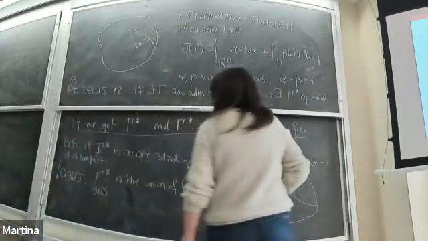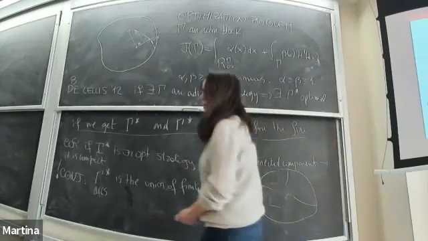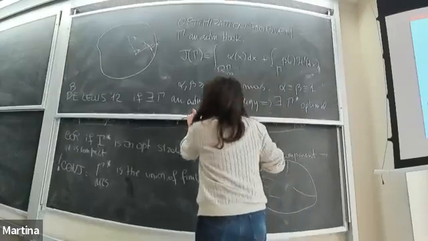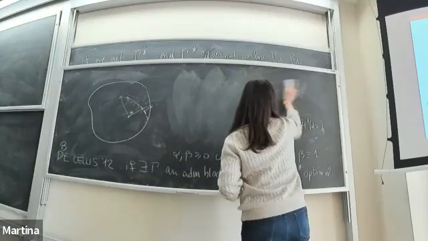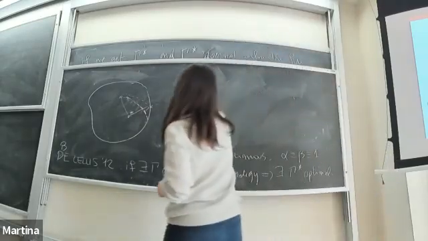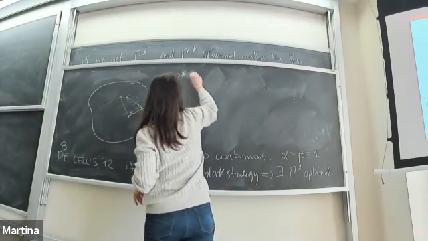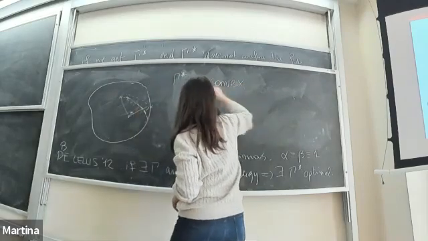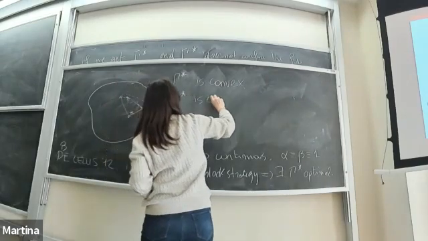And there are two other important conjectures related to the optimal strategy. So this is the first one. The optimal strategy, gamma star, is convex. And gamma star is connected.